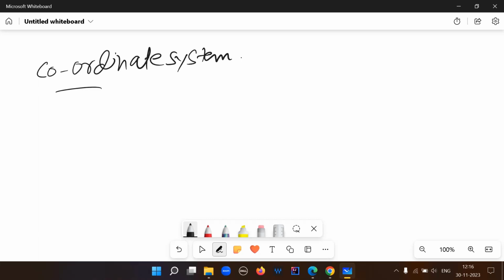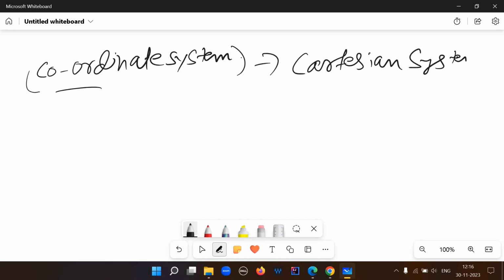One day he was lying on the bed and he was pointing at a point and intended to find his position. So that's why he invented this coordinate system, which is also called the Cartesian system.